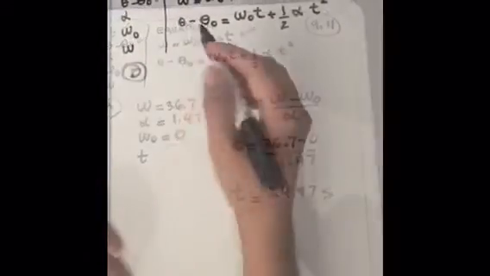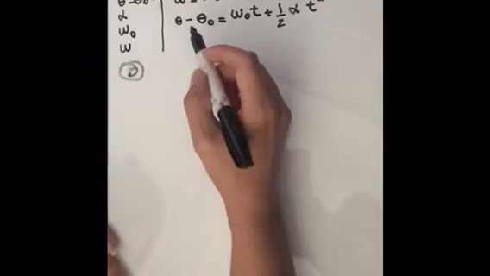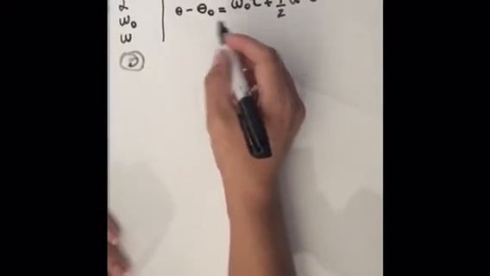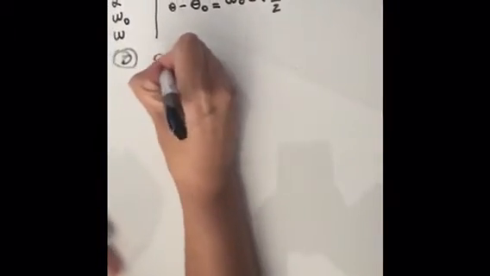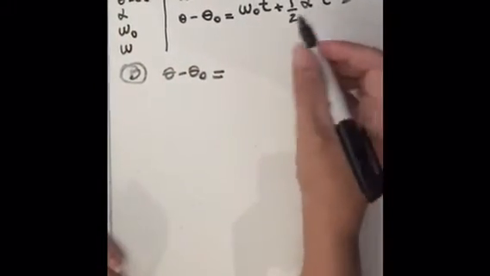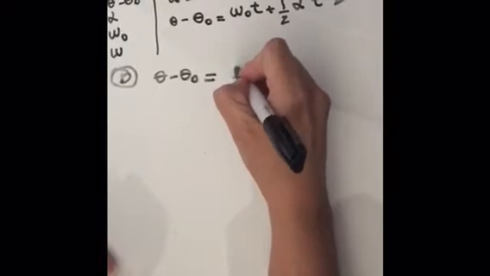For part B of this problem, we're going to find the angular displacement and revolutions. For that, we're going to use this second equation, which says angular displacement equals this. We know the initial velocity is 0.